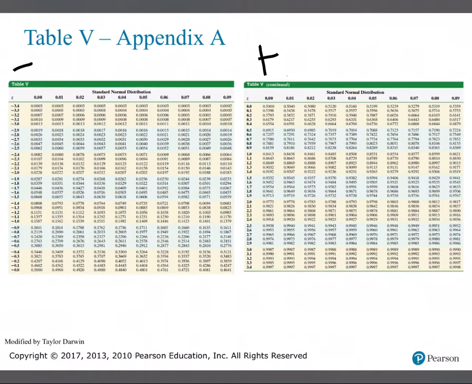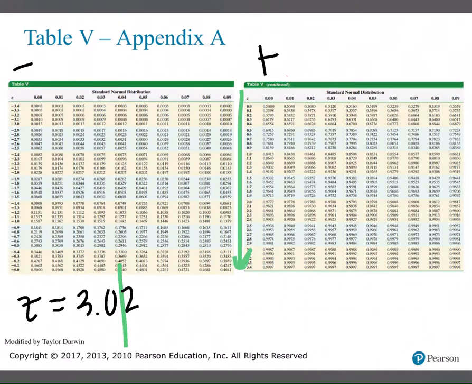So let's say I wanted to find z equals 3.02. Those first two, that whole number and then that very first decimal place, is this column, the vertical column up and down. And then this 2 is the horizontal column.